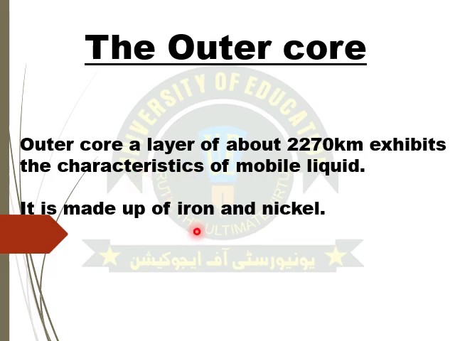The major parts of outer core are iron and nickel. Both of the constituents are always in molten form due to high temperature and higher pressure.